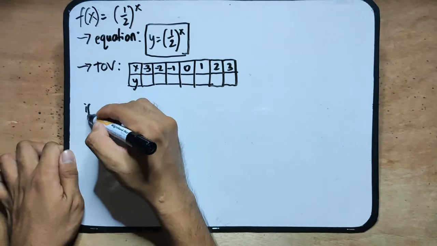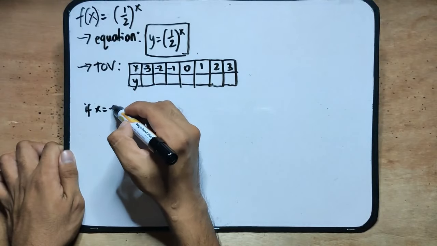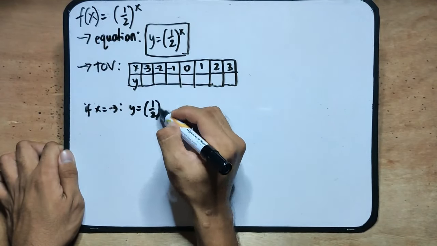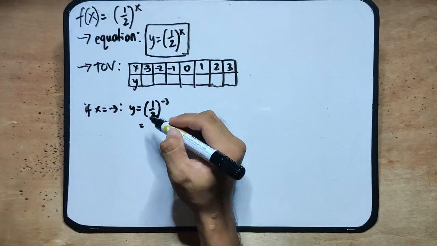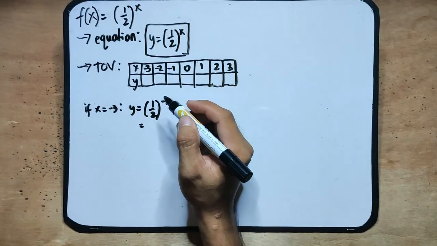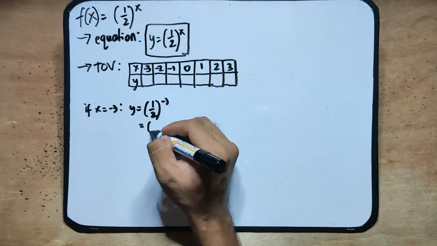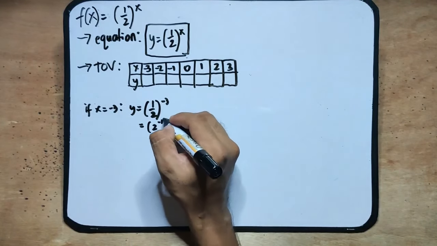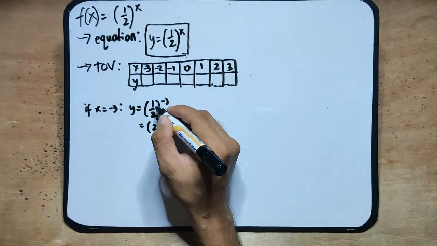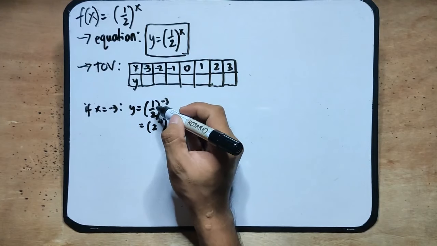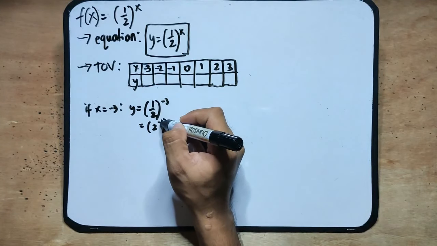So if x is equal to negative 3, then we have y is equal to 1 half raised to negative 3. So, alam natin na si 1 half, pwede siyang i-write as 2 raised to negative 1. Since positive yung exponent niya, pwede natin gamitin yung negative exponent rule. So, itataas natin siya to make this negative.